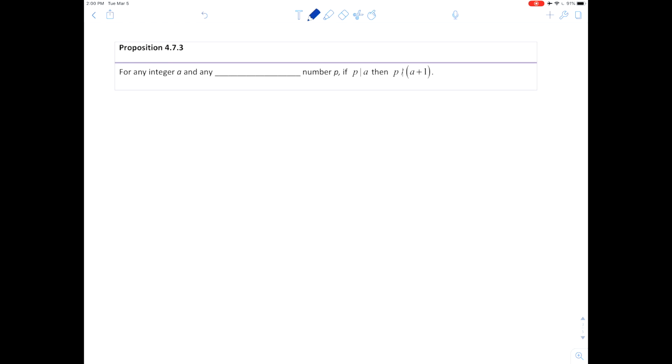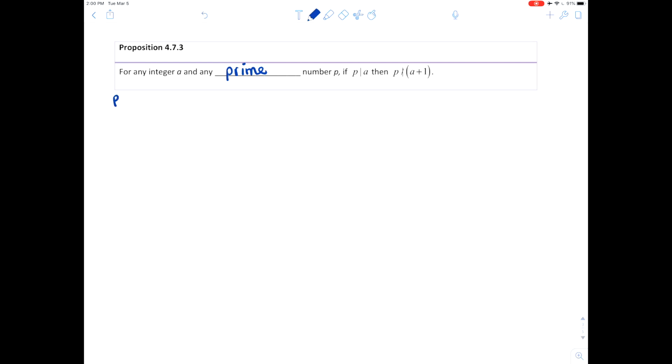So here, proposition 4.7.3 says for any integer a and any prime number p, if p divides a, then p does not divide a plus 1. All right?